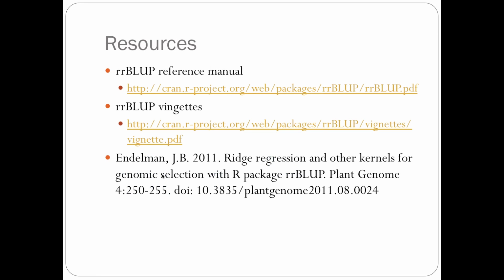So I definitely recommend looking at these first and running the sample data sets available there, and then trying to change that code to make it run for your data set. The rrBLUP package was published in this paper in Plant Genome from Jeff Endelman, who created the package, and the paper is very helpful to look through to see how the package runs and what equations it is using.